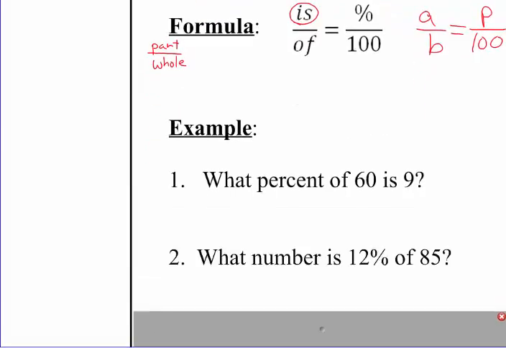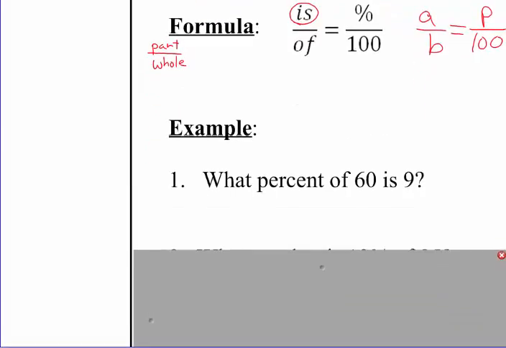So the first one: what percent of 60 is 9? So I'm going to use the is over of equals percent over 100. So my is number, I find the word is: 9. 9 is my is number.